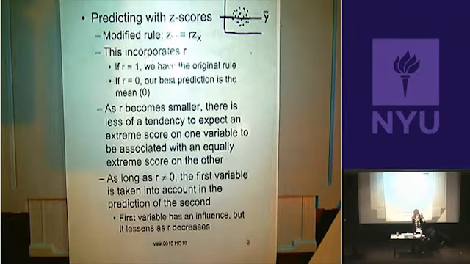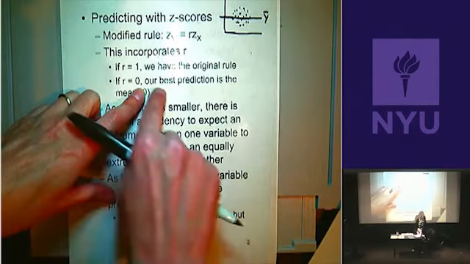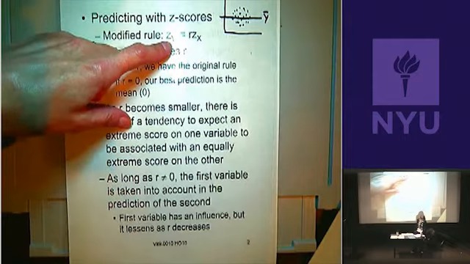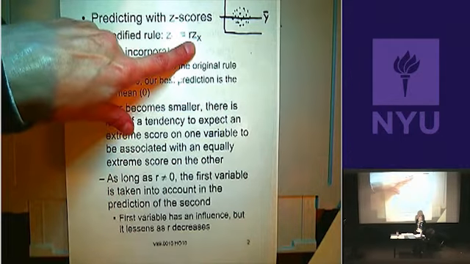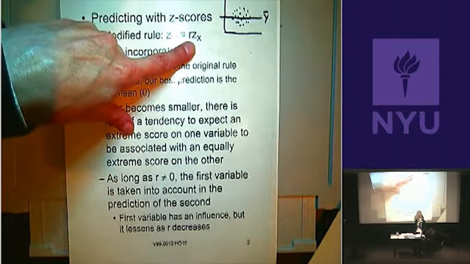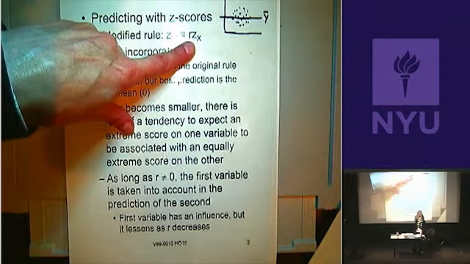We're trying to predict the y-scores, hopefully using x. But if there's no relationship between x and y, my best predictor is just the mean of the y-scores. Knowing x tells me nothing. It doesn't help. Okay? So if r equals 0, what does that mean? That means that the z of the y-scores equals 0. Well, what is 0 in z-scores? It's the mean of that distribution.